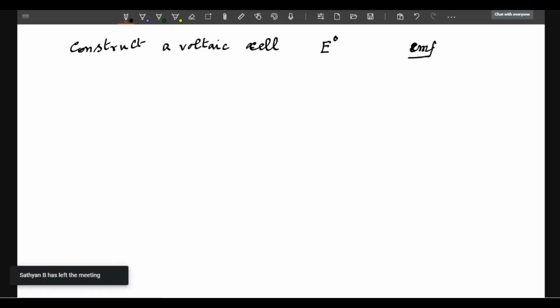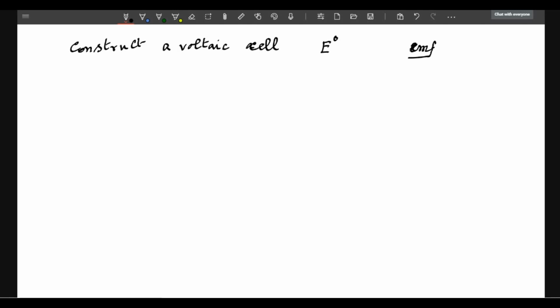Now, construct a voltaic cell. We have already seen that for constructing a cell, two electrodes are necessary, of which one would be the anode and another would be the cathode. What is the anode? The anode is the electrode from which electrons pass towards the cathode. Which electrode acts as the anode and which as the cathode?